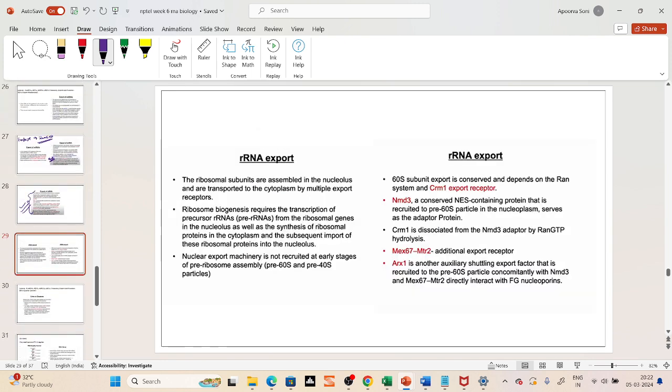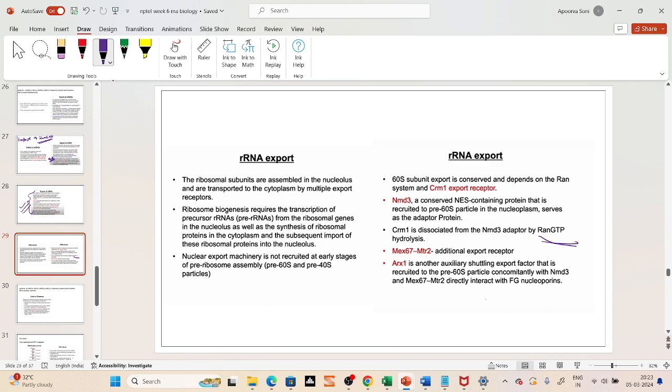Then after that there is rRNA export. Again you will have a receptor, the rRNA will bind to the receptor, then Ran GTP would be used for hydrolysis, and then it will go to the cytoplasm. You just have to remember that there is an additional receptor, which is MEX67-MTR2.